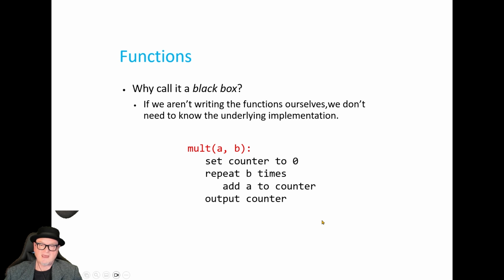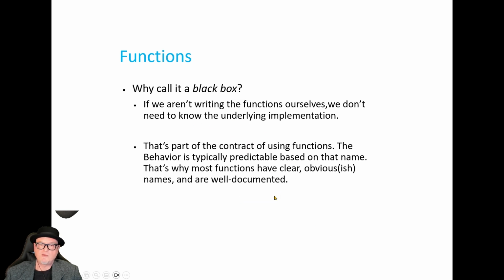What we can do instead is, and this is just a slightly more complicated example, this goes up to very, very complicated examples. Here we can see set the counter to 0, repeat B times, add A to the counter, output the counter. We don't have to know this to read a function.